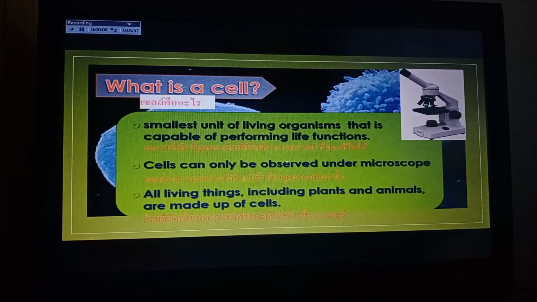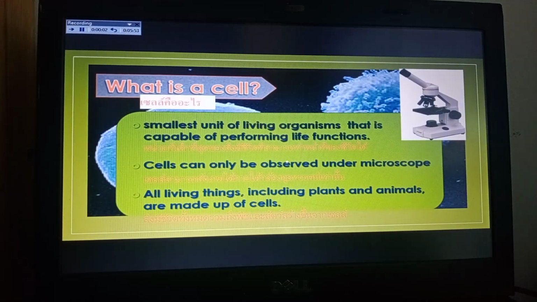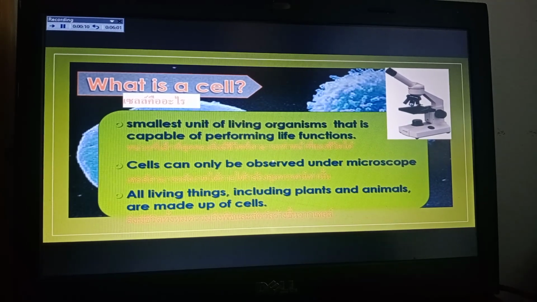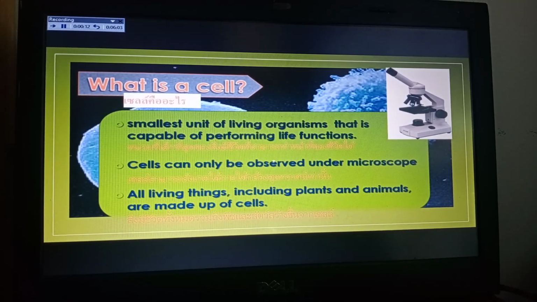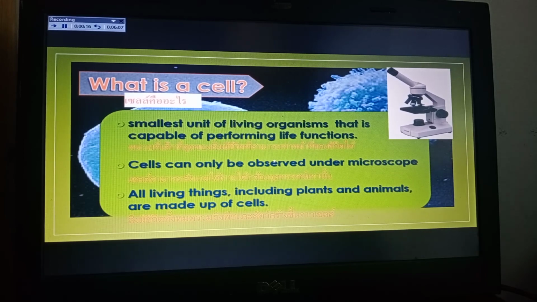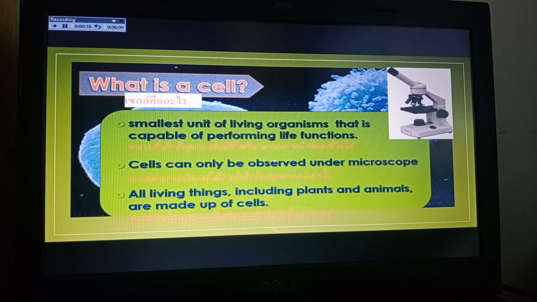Next, since it is understanding cell, let us know what a cell really is. A cell is the smallest unit of a living organism.